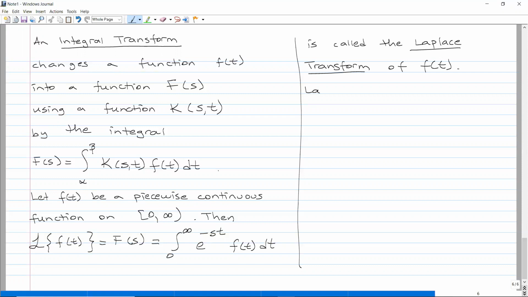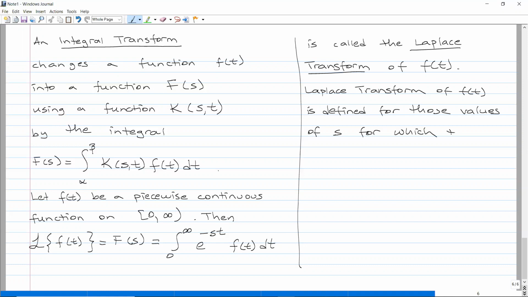So the Laplace transform of f of t is defined for those values of s for which the improper integral converges.